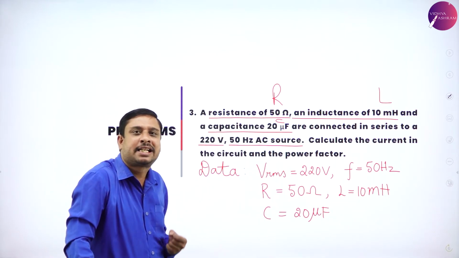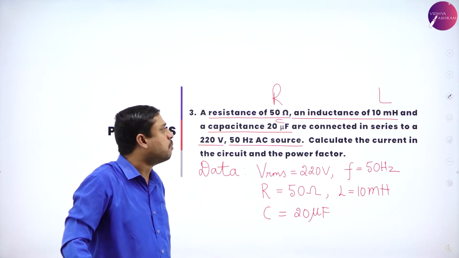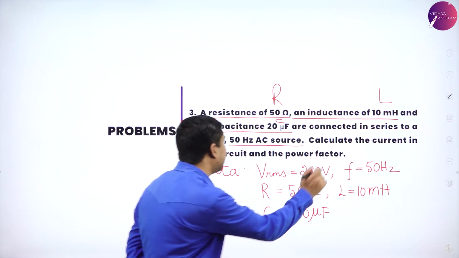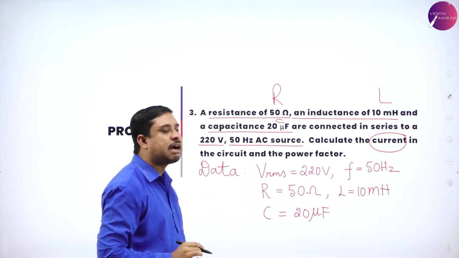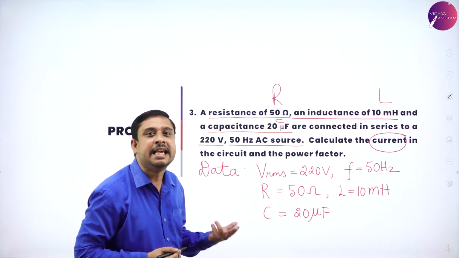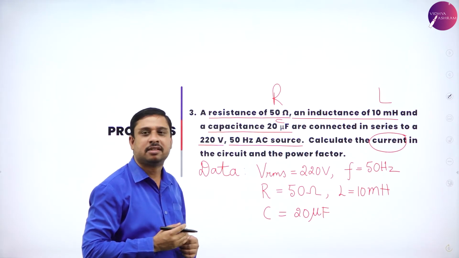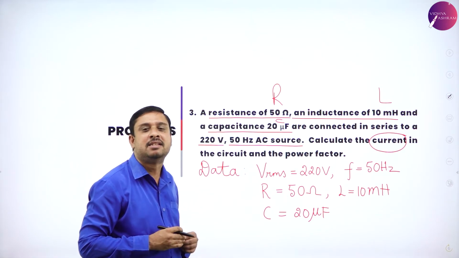So I have collected all the data possible from the question. So the first thing I need to calculate is current in the circuit. IRMS value of the current, for which I need to calculate impedance.